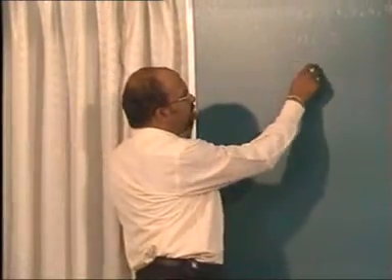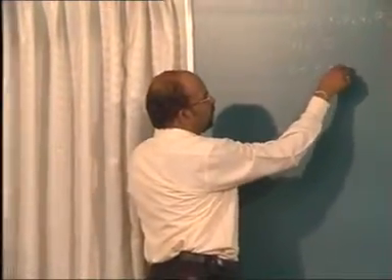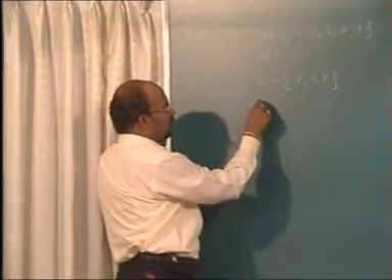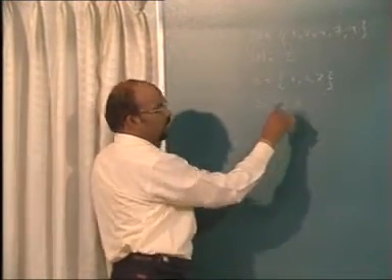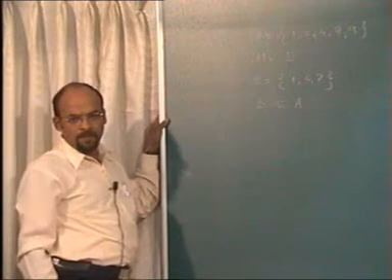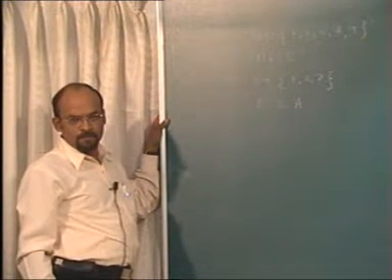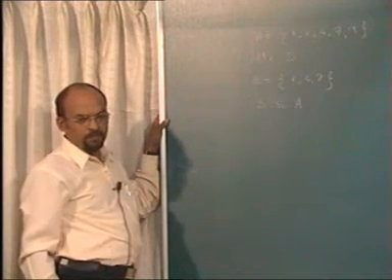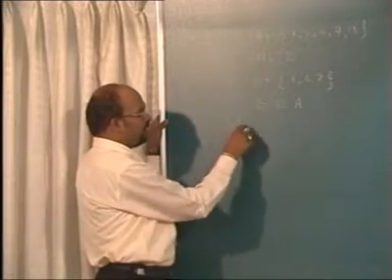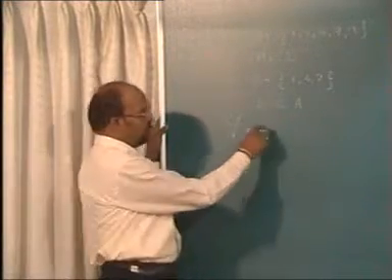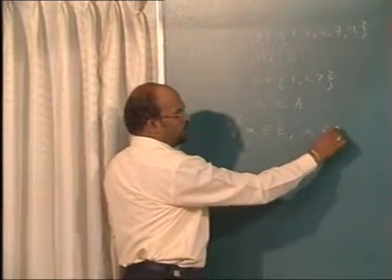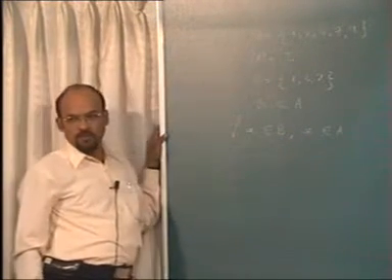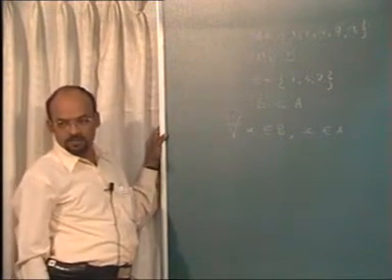Suppose I have set B, which is 1, 4, 7. Then we can say that B is a subset of A. What is the definition? In notation form, we say that for every element X which belongs to set B, X belongs to A. That is the definition of subset.